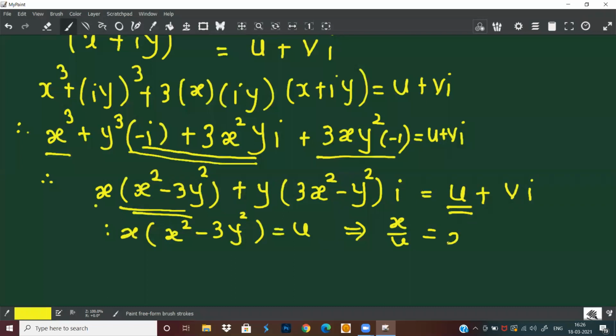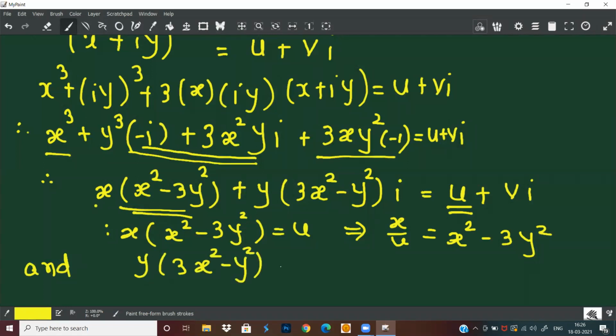Very good. x square minus 3y square. And coefficients of i on either side. So y into (3x square minus y square) is v. So that is equal to v. Implies y upon v is 3x square minus y square.